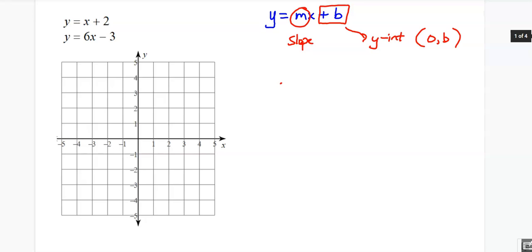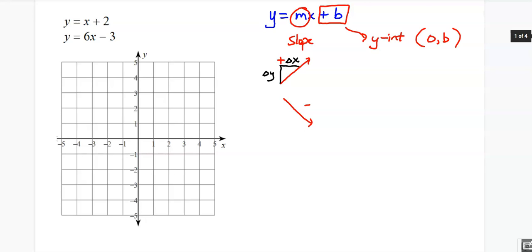So remember, when you're increasing left to right, slope is going to be positive. When you're decreasing from left to right, it's going to be negative. And the change in y, or the vertical change, goes on top, and the horizontal change goes on bottom. So this represents a change in y to a change in x.